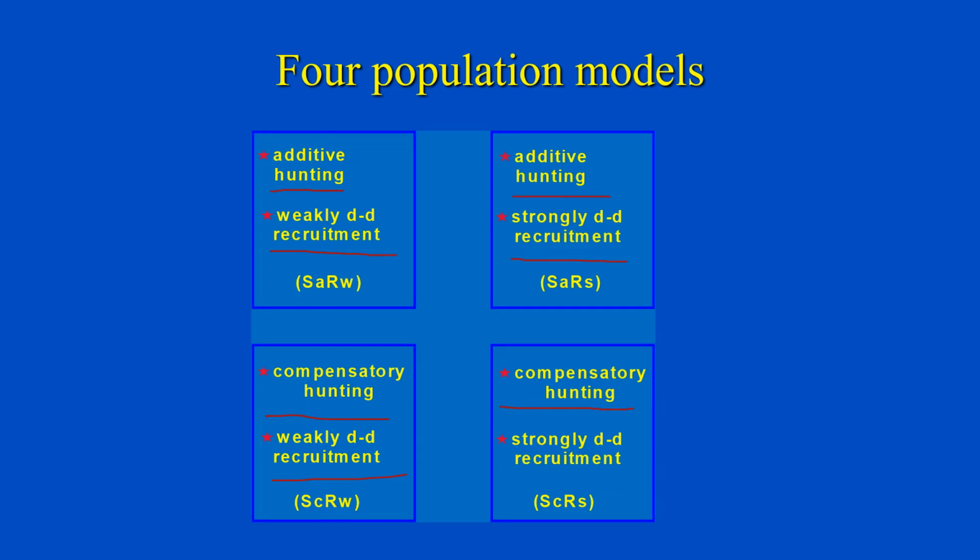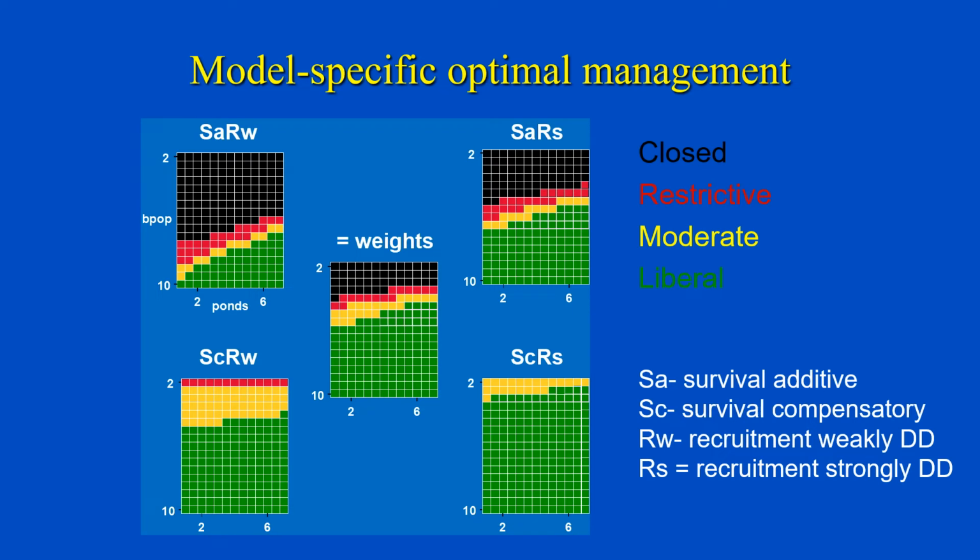So they compensate for loss from hunting, and strong density dependent recruitment. So even again, if they're knocked down, they'll be able to bounce right back very quickly. So these four different models then generate four different sets of predictions about how you should manage that duck population.